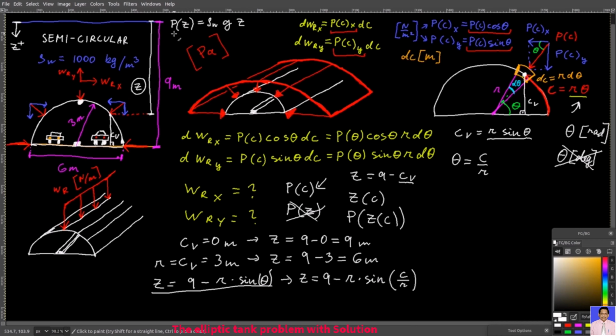And now we take this equation where I have pressure as a function of z, and I'm going to have pressure as a function of arc length equals rho w times g, and now instead of z, I will write this equation, 9 minus r times sine and then c over r. So that's your pressure as a function of arc length.